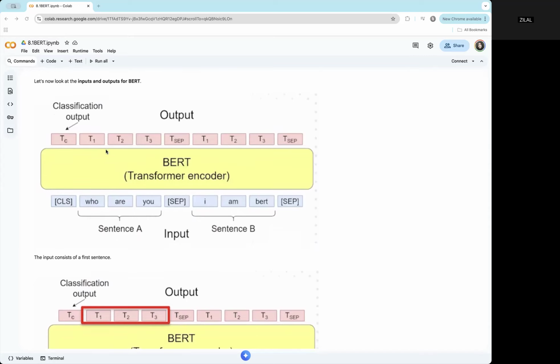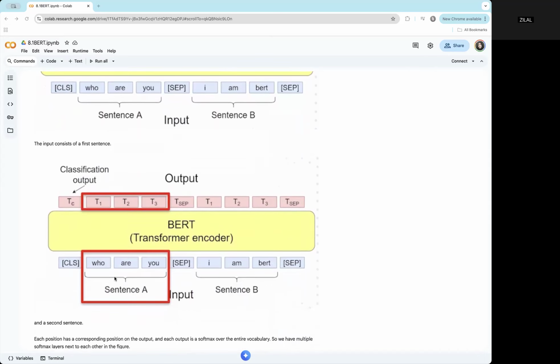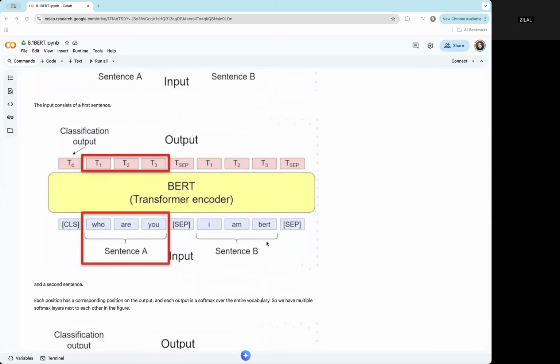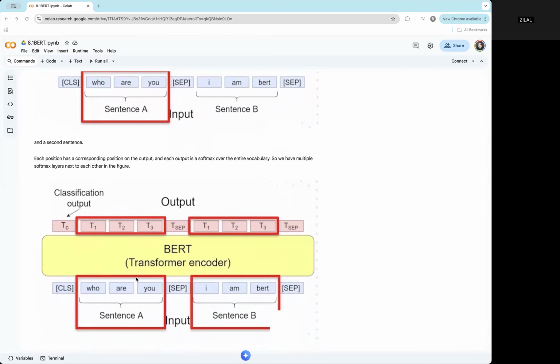Let's have a look at the inputs and outputs for BERT. The input consists of the first sentence, sentence A, and the second sentence, sentence B. Each position has a corresponding position on output, and each output is a softmax over the entire vocabulary. So we have multiple softmax layers next to each other in the figure.